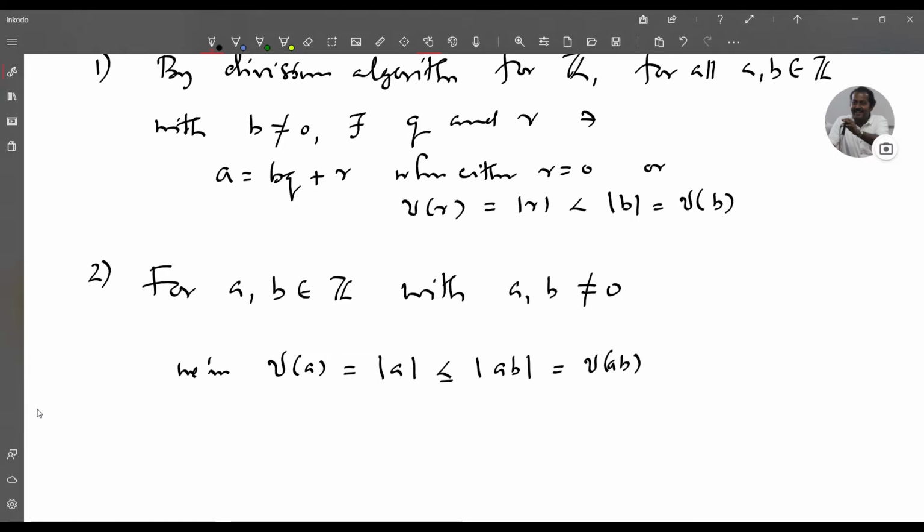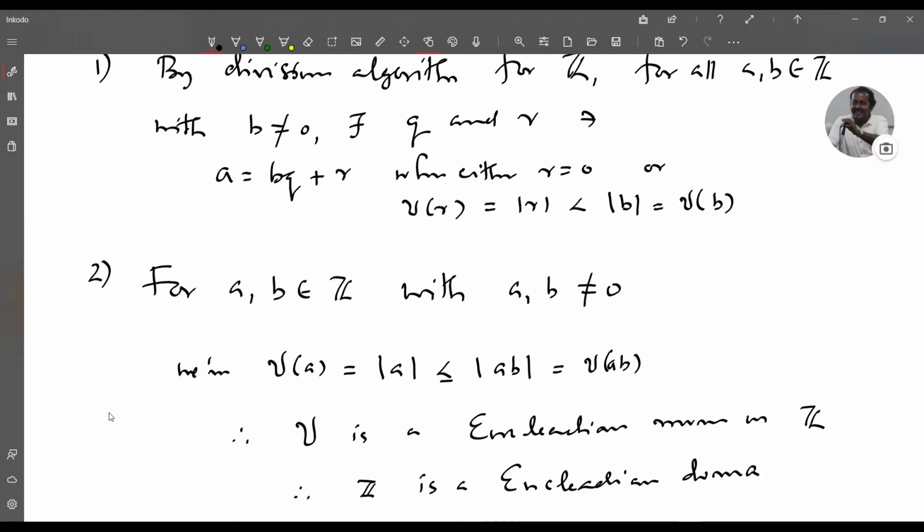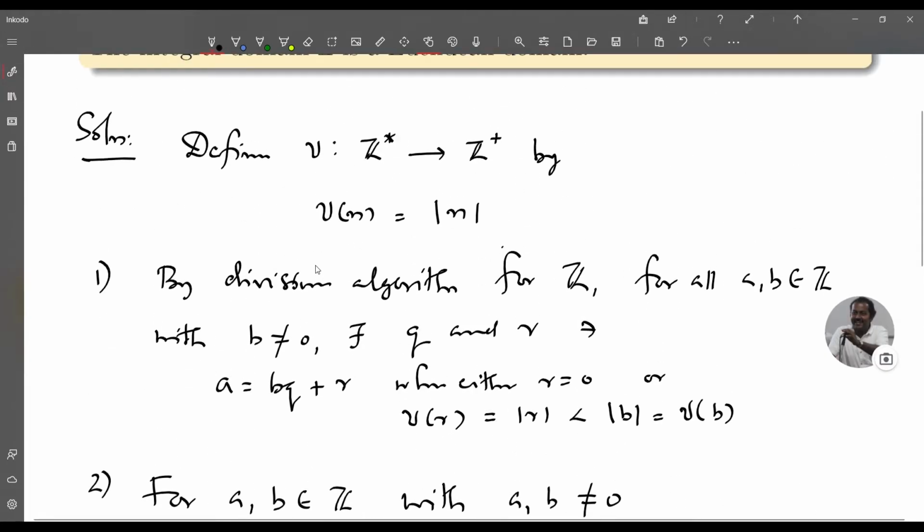Therefore, nu is a Euclidean norm on Z. Therefore, Z is a Euclidean domain. So this proves that Z is a Euclidean domain.